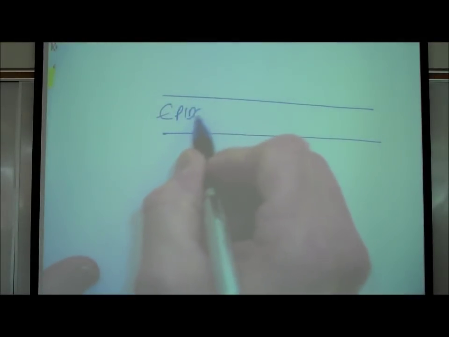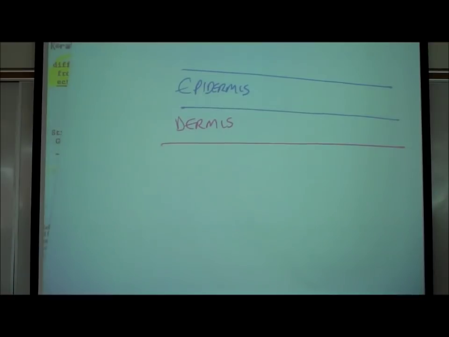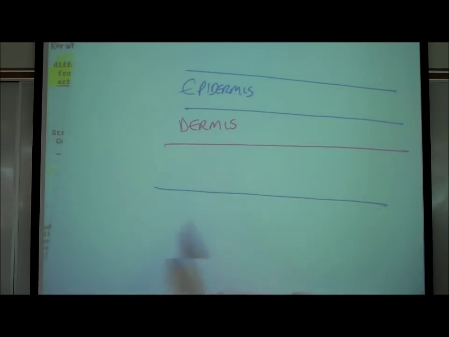Okay, so in other words, our skin is not organized like this. It's not like we just have the epidermis and the dermis. What our skin looks like is this.